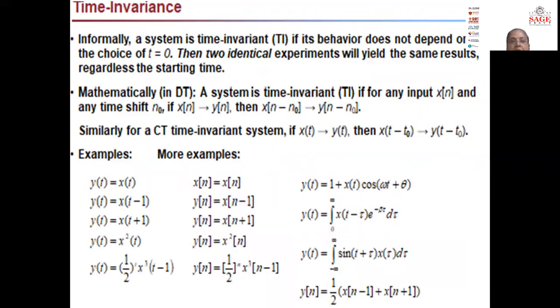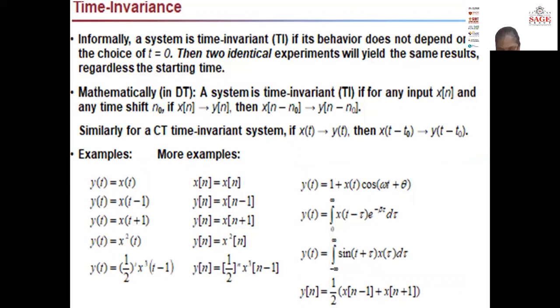Now, the other important property is time invariance. A system is time invariant if its behavior does not depend upon the choice of t equals 0. Then two identical experiments will yield the same results regardless of the starting time. It means that a system whose response does not change with the change in time is known as a time invariant system.